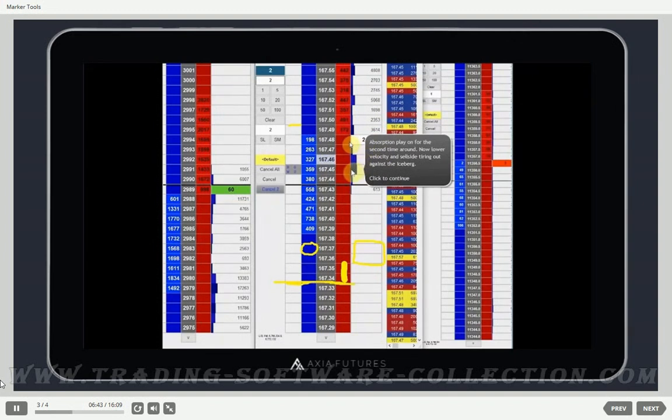Now the absorption play can shift from a high velocity environment, where the offers are being hit quite aggressively into the bid, and the market holds up nicely. Now, when the market really starts moving away and really starts moving towards the upside, if the offer comes back down and the velocity of the sell orders going through the book starts decreasing relative to what it was doing when it first started trading between 45s and 46s.